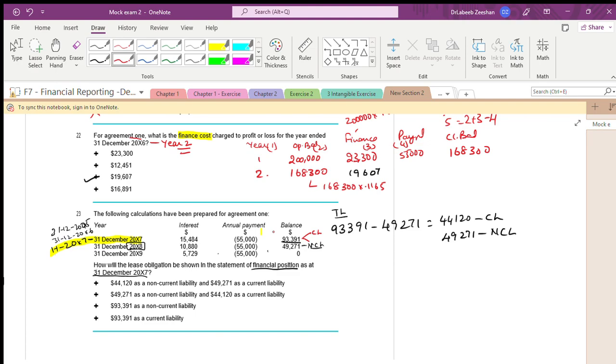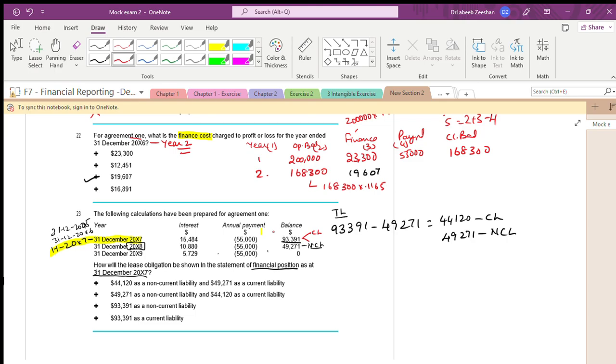Next year we are not concerned. They are not asking about 2008. But 49,277 belongs to the next 12 months. We are concerned about these 12 months ending 31st December 2007.